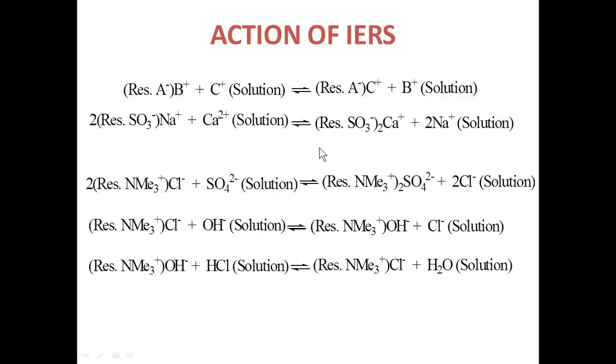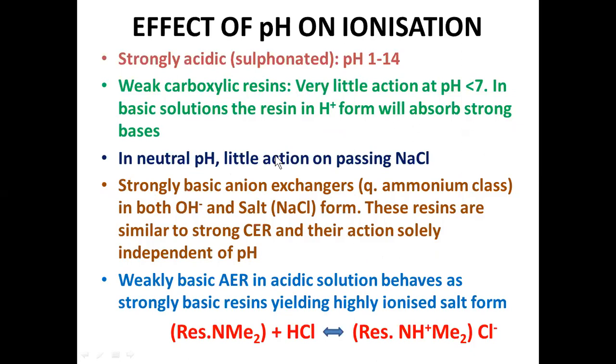So this is how the ion exchange resins, whether cation exchange resin or anion exchange resin, are going to act. In order to expect better functioning of cation exchange resin or anion exchange resin, pH is a very important factor. We can say it is a prime factor.